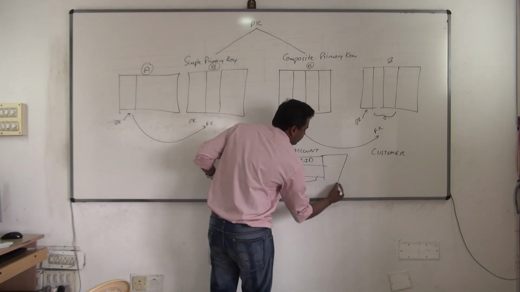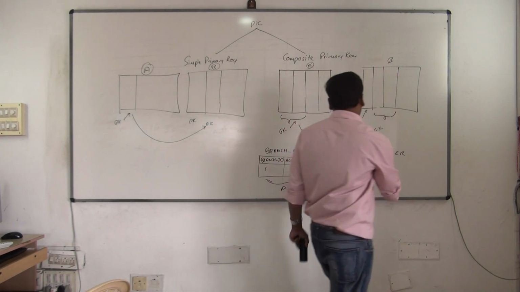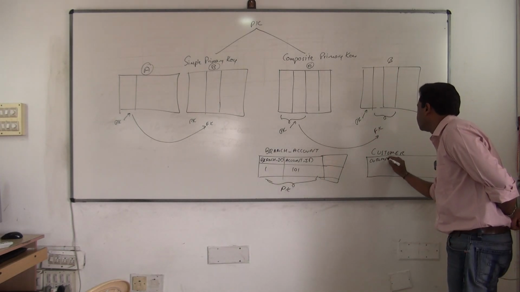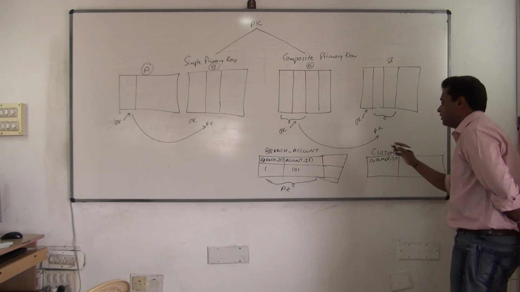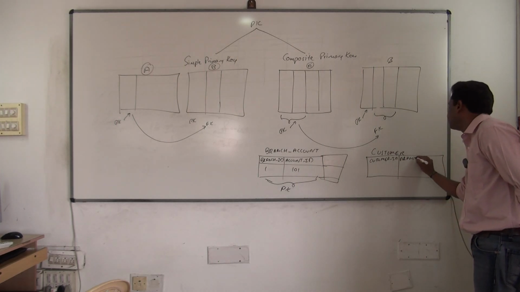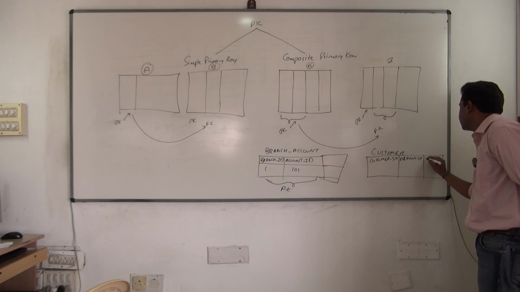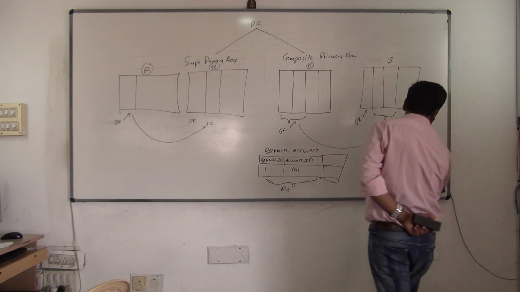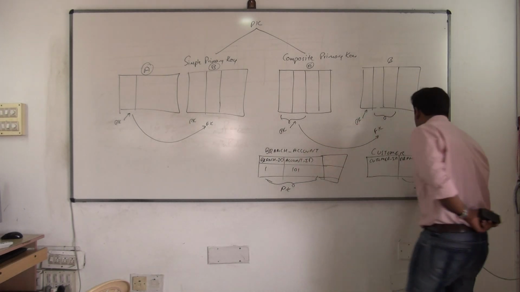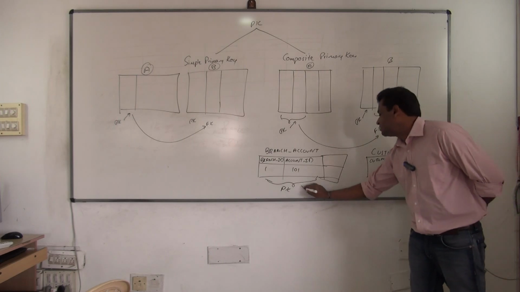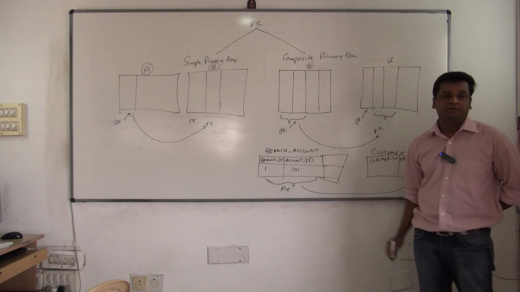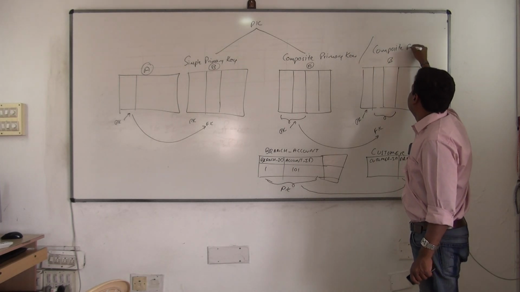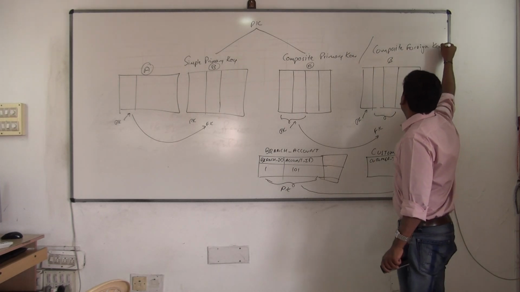You can have more columns here, leave that. Now these two you will make as customer ID. Next will be branch ID, account ID. Just an example I am giving you. So again, these two will become foreign key. But this is called composite primary key, composite foreign key.